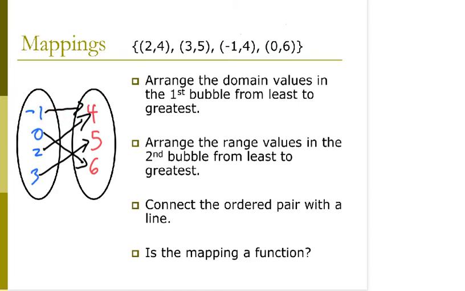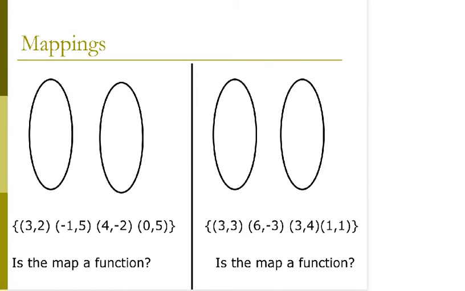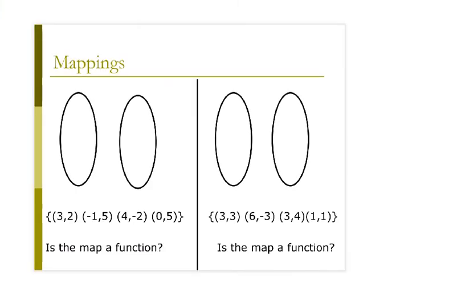Use the same reasoning to determine if what we have here in either of these mappings would be a function or not. So in the first one, our domain would include the following values. And our range would include the following values.